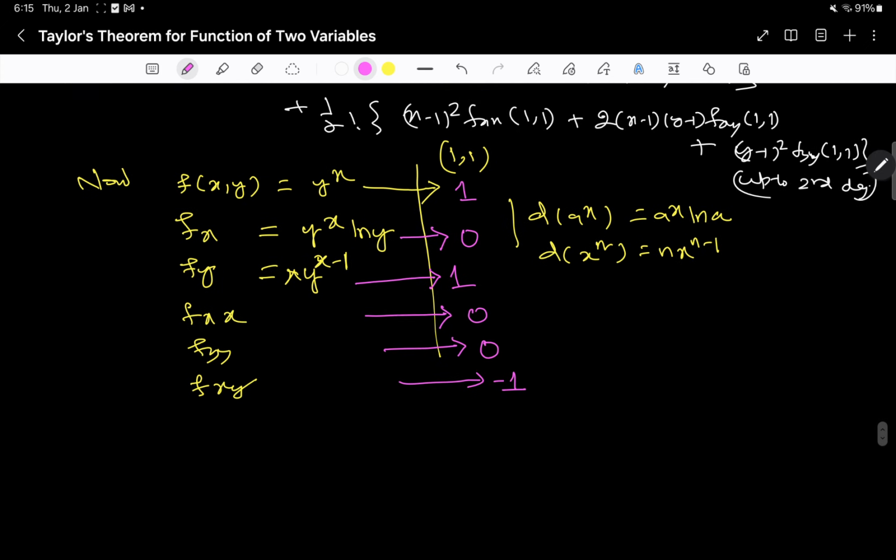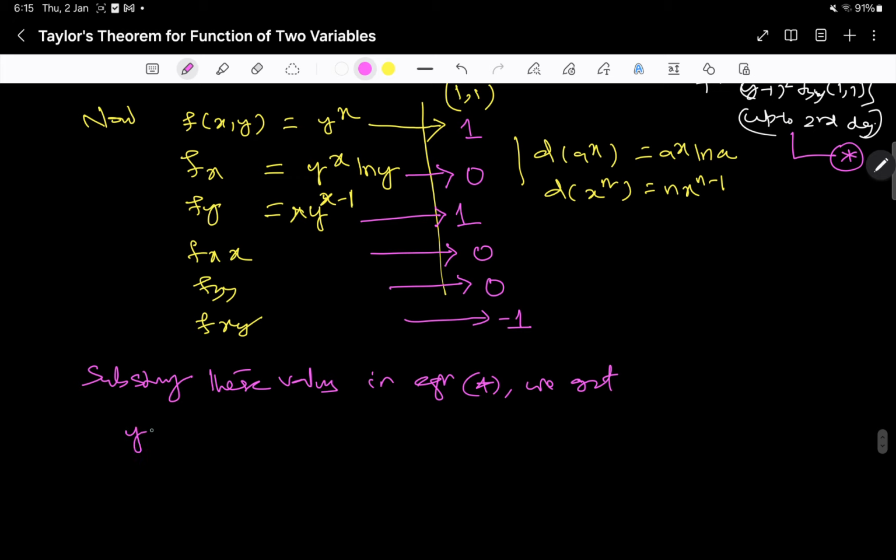So substitute all these values. Substituting these values, let it be my equation star. In equation star, we get y to the power x is 1 plus y minus 1 plus 1 by factorial 2 into x minus 1 into y minus 1. Because the 0 values are substituted.